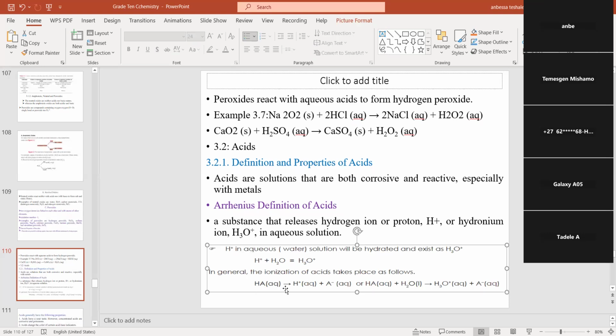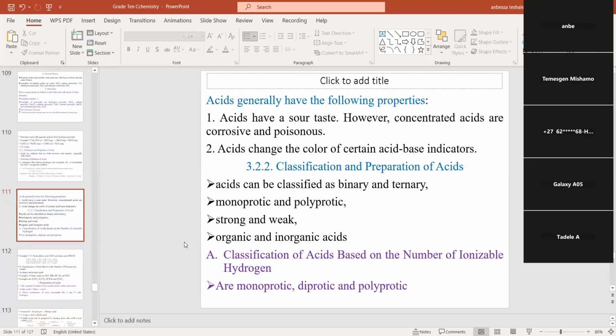When an aqueous solution of acid dissolves, it dissociates to give hydrogen ion plus an anion. So ይህንን hydrogen ion release ማድረግ የሚችል ማንኛውም substance acid ነው። According to the Arrhenius.